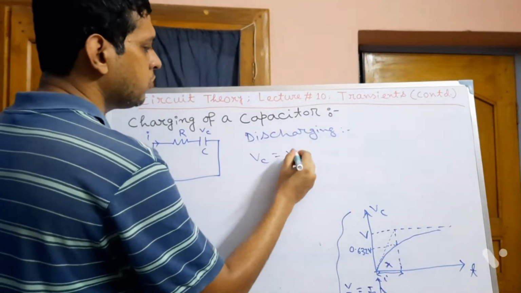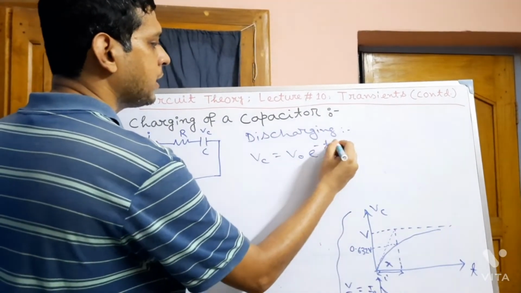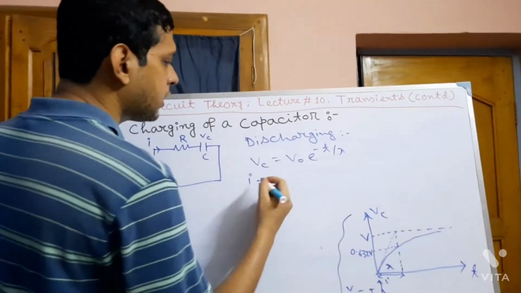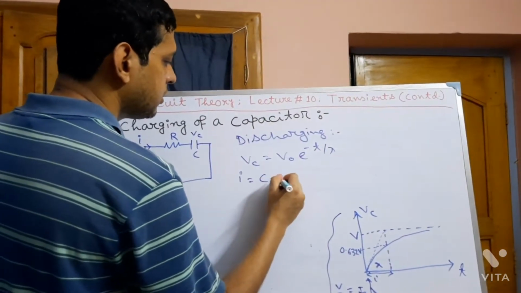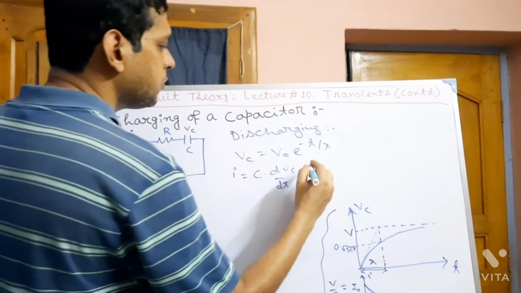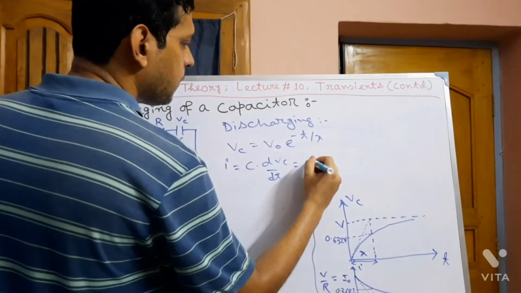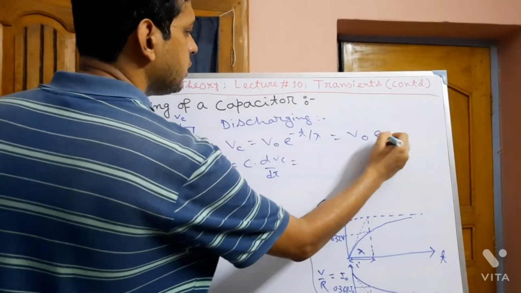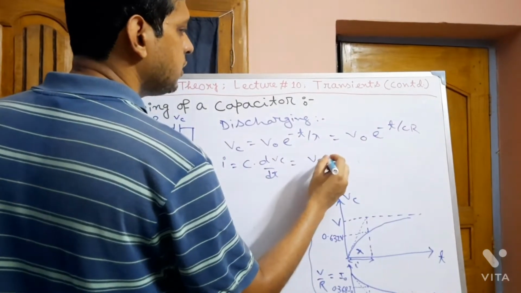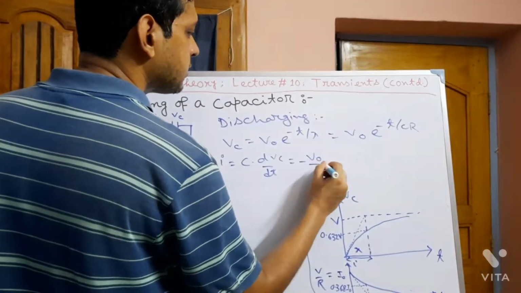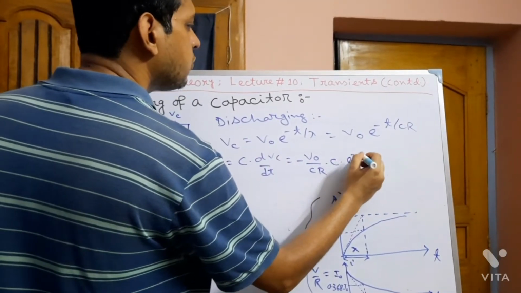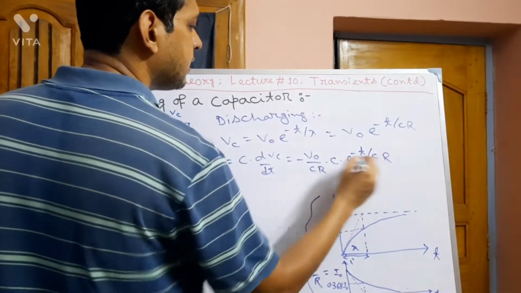While discharging, Vc equal to V0 e to the power minus t by lambda, and I equal to what? I equal to C dVc/dt. Vc equal to V0 e to the power minus t by CR, so this is V0 into minus 1 by CR into C into e to the power minus t by CR.